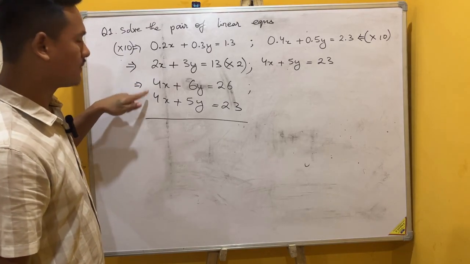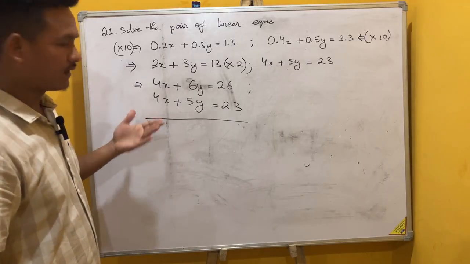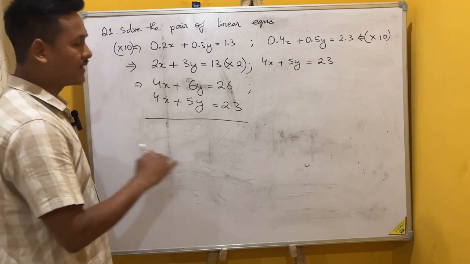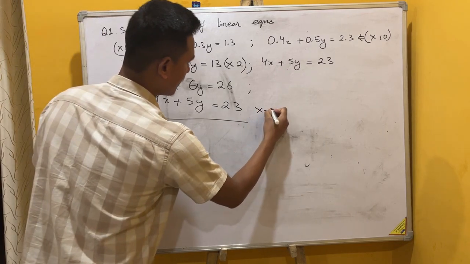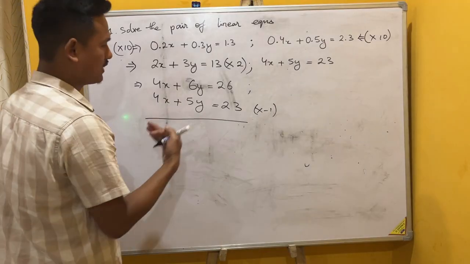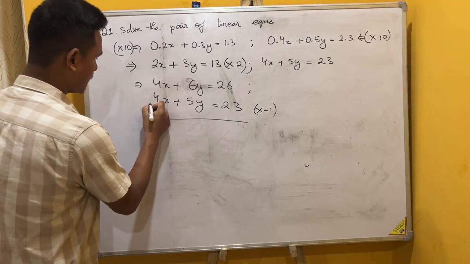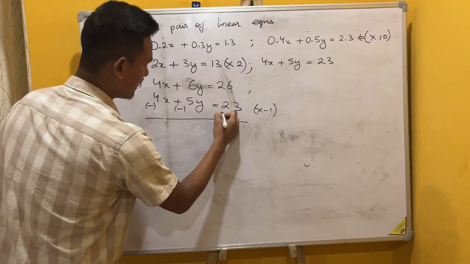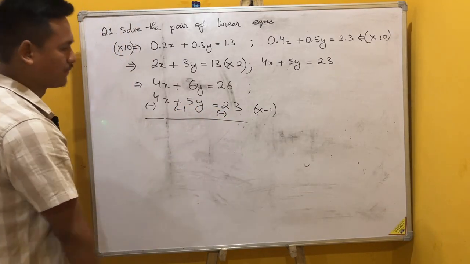Here both of them are positive, so one has to be negative. So we multiply this entire equation by -1. If I multiply by -1, just the sign changes. Like this plus 4x will become minus 4x. This is going to be minus 5y, and this will be minus 23.